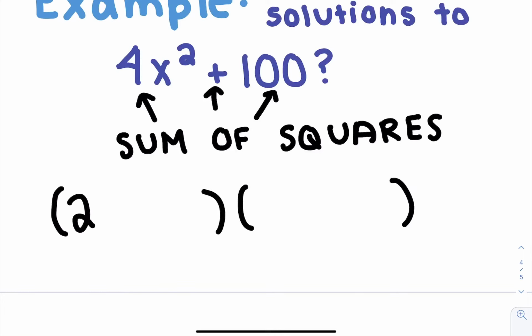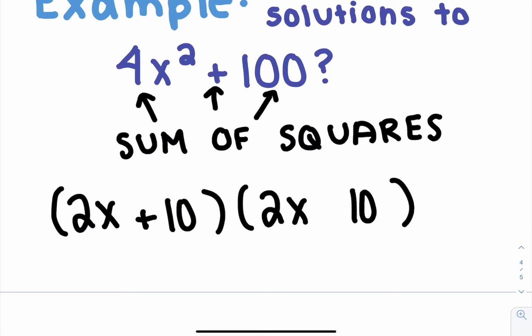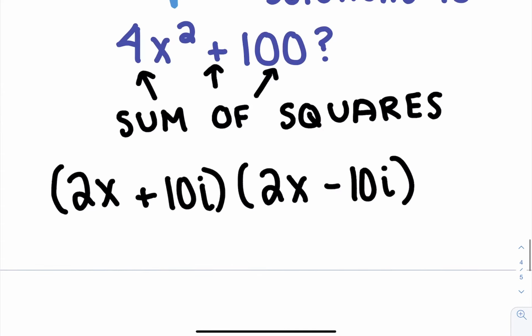Well, that'll be a 2x and a 2x. What multiplies to 100? That's a 10 and a 10. And now we'll do plus and minus with our i's on the end. If you end up FOILing this out, you end up with the same result, 4x squared plus 100.